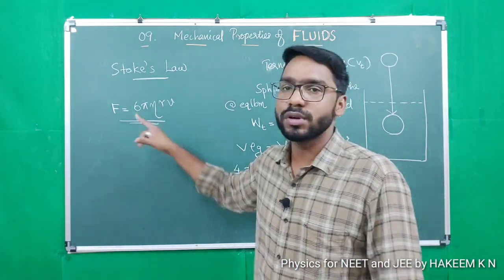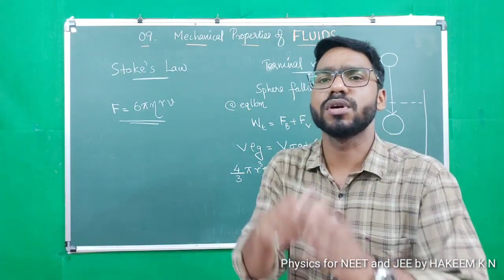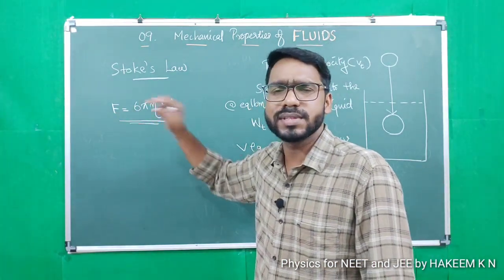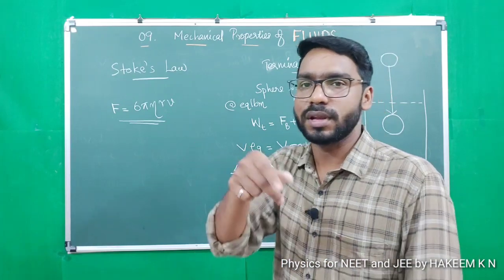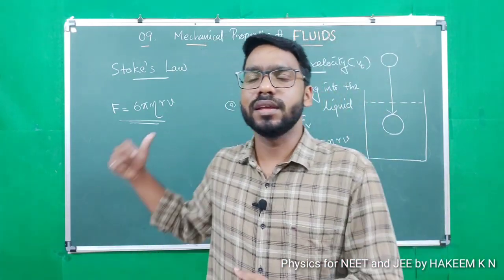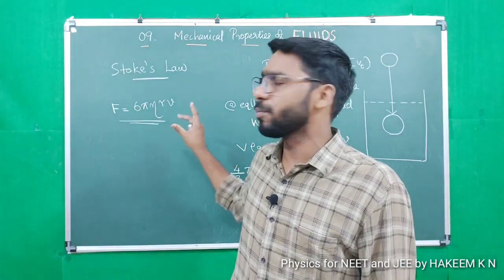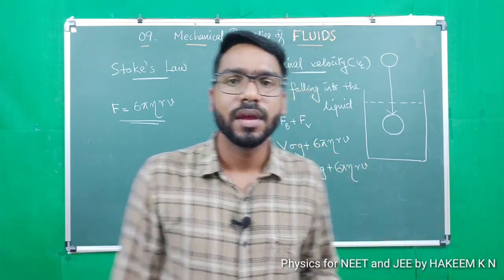Viscous force F equal to 6 pi eta r v, or for radius you can use small a, 6 pi eta a v. You can use F equal to minus also, because the viscous force acts opposite to the direction of velocity. That equation was found by George Stokes. No need of the proof, just remember the equation F equal to 6 pi eta r v.